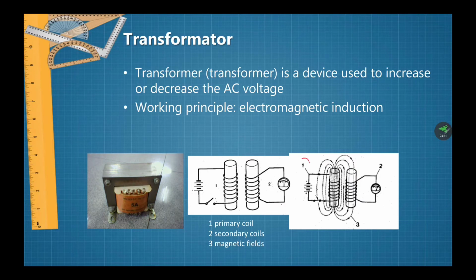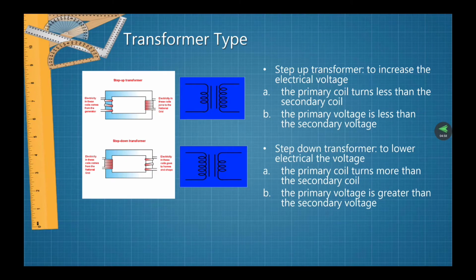First, this is the primary coil, and this is the secondary coil, and this is the magnetic field created by electromagnetic induction. Transformers have two types.